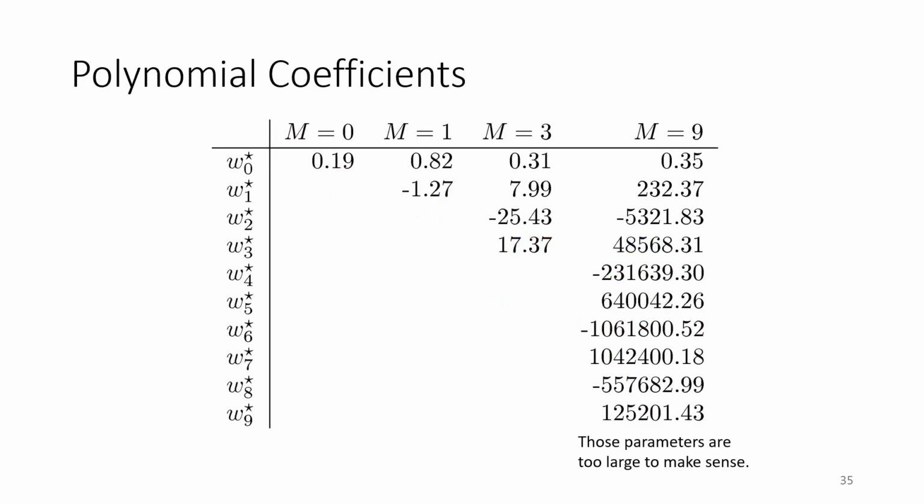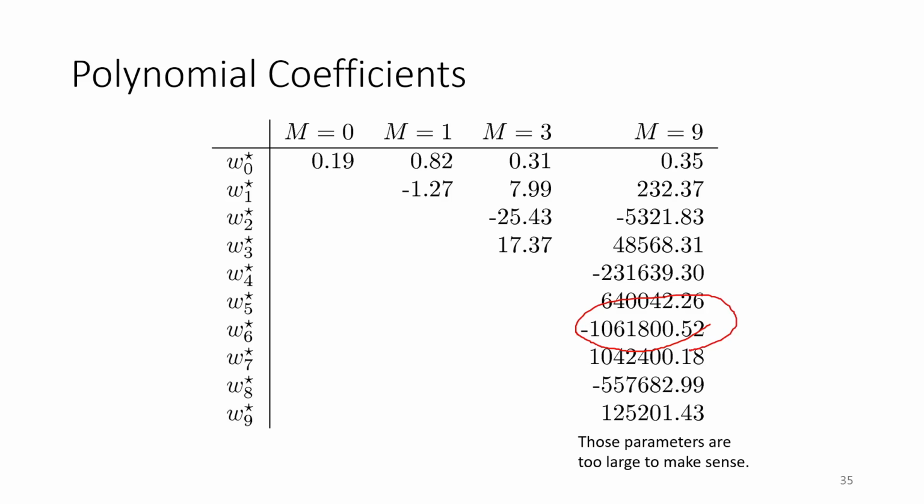And if we see their weights, it will look like this. For zeroth order, first order, and third order, those coefficients look reasonable, not very large. But for the ninth order, the coefficients look too large to make sense.